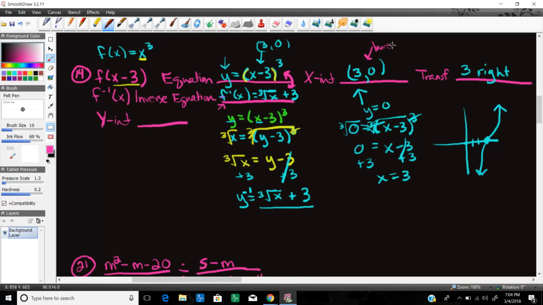So this is the inverse of this one. That means that if my x-intercept is 3, 0, the y-intercept is 0, 3. And that makes our life so much easier so that we don't have to do all the work again. Okay? Next problem.